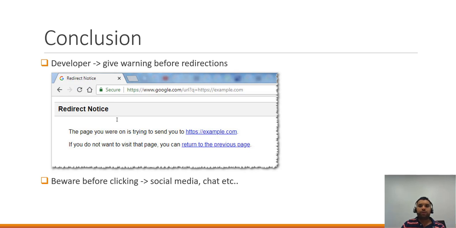And as a user, you also want to make sure you check the full URL before clicking on anything. Now you also know how URL encoding works. If something looks really fishy, there are tons of online tools to decode these URLs, so you can decode and make sure before you click, and only click on trusted sources.